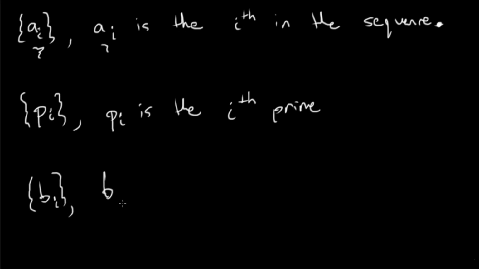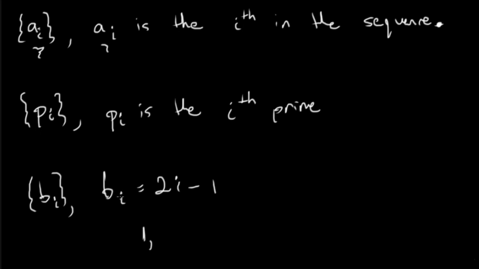And b_i, we can define this explicitly. This is a good moment to bring up what explicit notation is. Let's say b_i is 2i minus 1. So what does this say? The first element, b_1, is going to be 2 times 1 minus 1, which is 1.